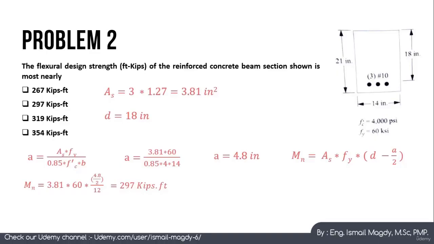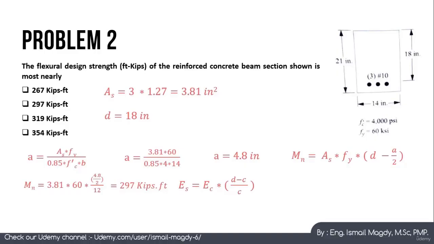But of course we need some kind of factor of safety, and you know that the factor of safety here is called phi. So now we need to calculate phi, because Mu will equal this Mn multiplied by phi. So what is the phi which we should use? We are going to get this phi using this equation, because we need first to understand or to calculate this parameter, which is epsilon s equals epsilon c multiplied by d minus c over c.